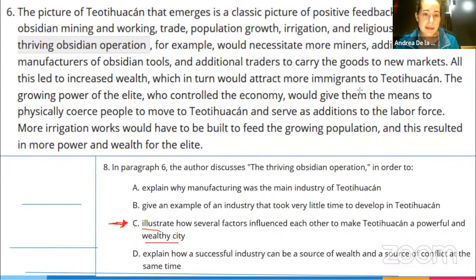Henry says the main idea is that the thriving obsidian operation brought power and led Teotihuacan to become a wealthy city. Okay, so basically the thriving obsidian operation brought power to Teotihuacan and wealth, right? Power and wealth. Do you guys agree?